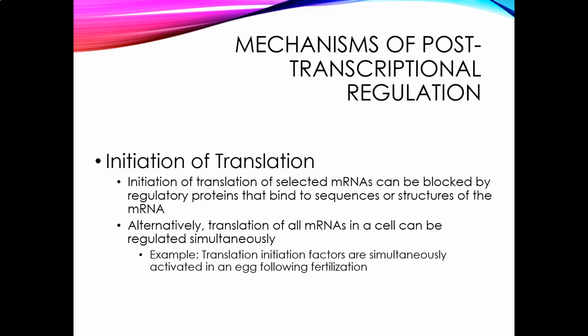Once that sperm gets into the egg and completes fertilization, the mRNAs in that now fertilized egg are all simultaneously activated to start stimulating things like cell division, so that the zygote starts going through division and producing an embryo.